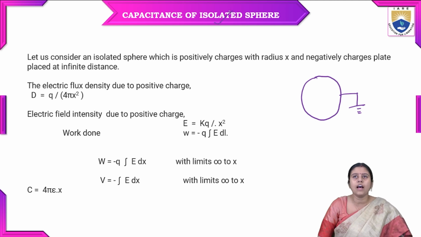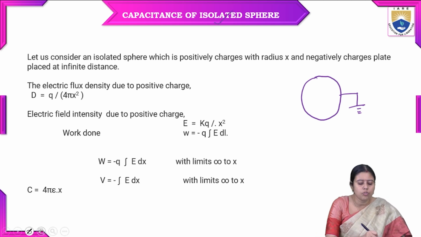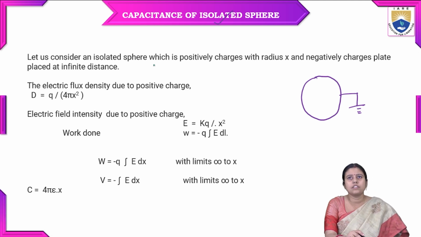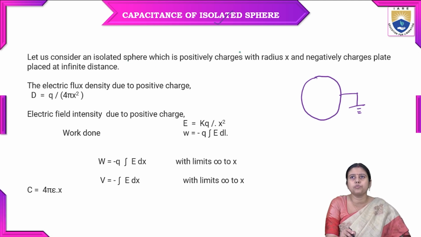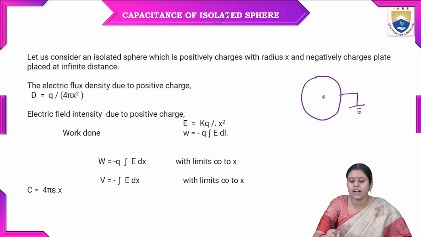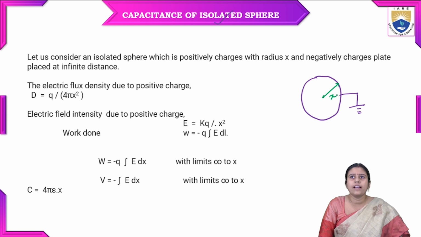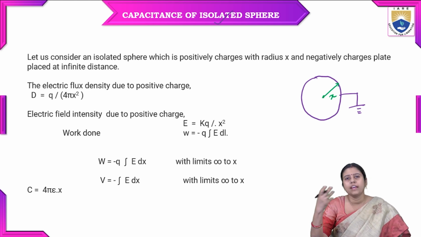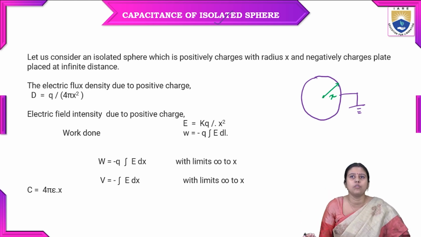This is known as the isolated sphere. Let us consider an isolated sphere which is positively charged with a radius of x, and the negative charge placed at infinite distance. Actually, infinite distance means it is basically connected to the ground, because we cannot easily take a charge to infinite distance.